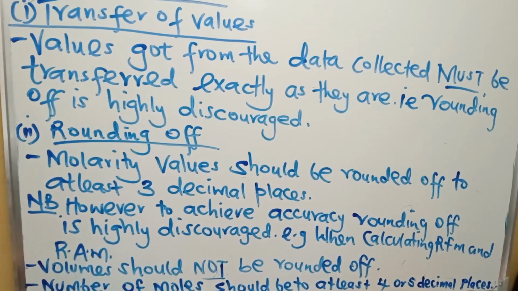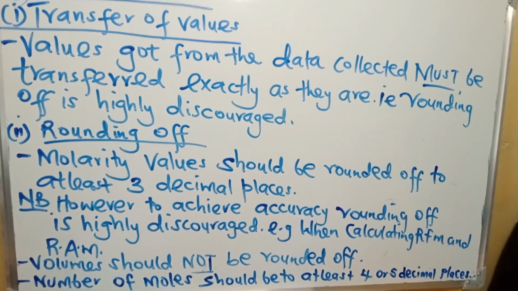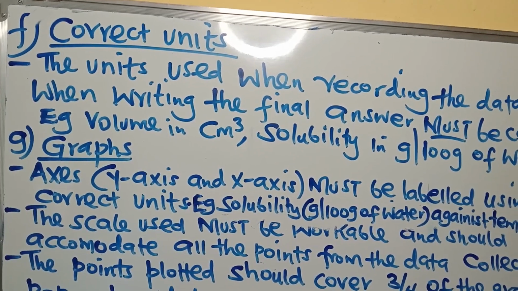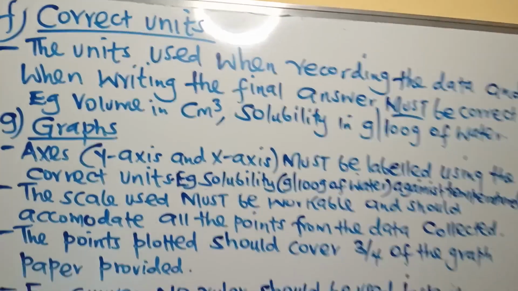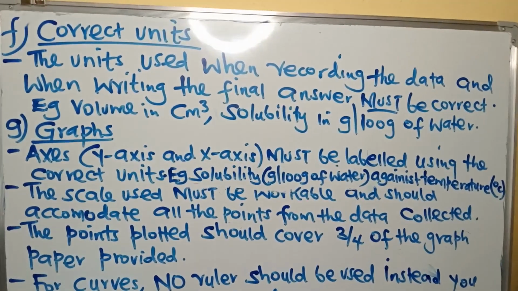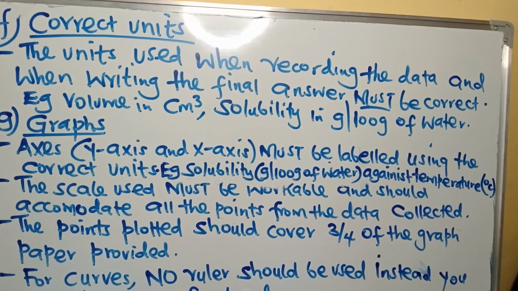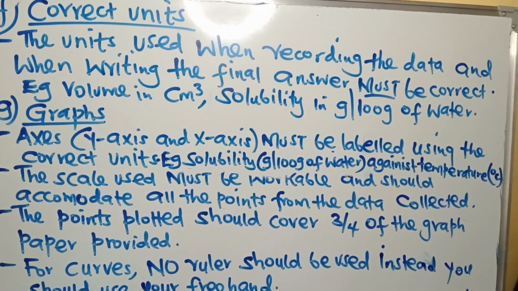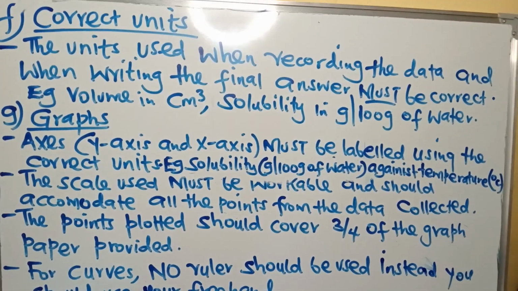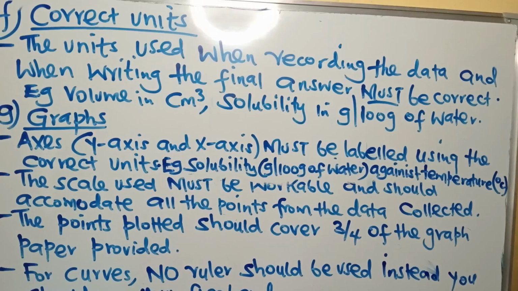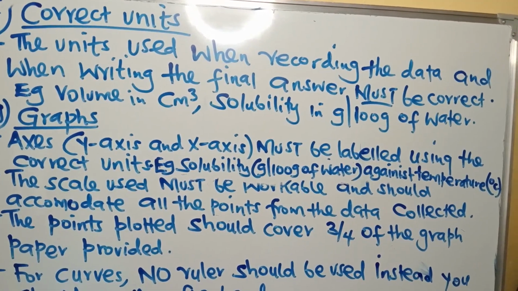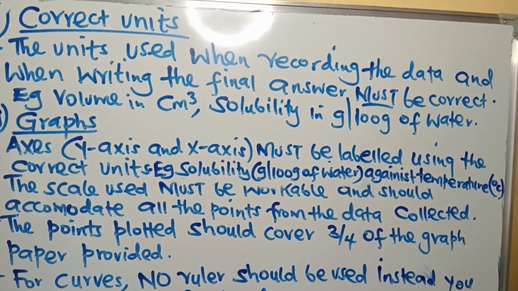Next, we have number 6 on correct units. The units used when recording the data and when writing the final answer must be correct. For example, volume in centimeters cubed and solubility in grams per 100 grams of water.